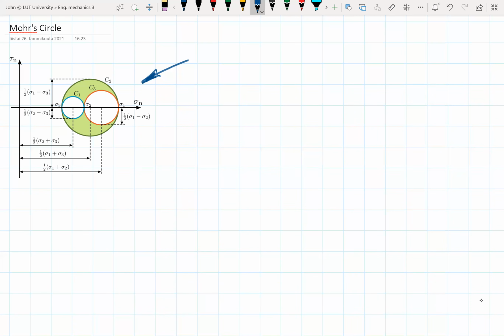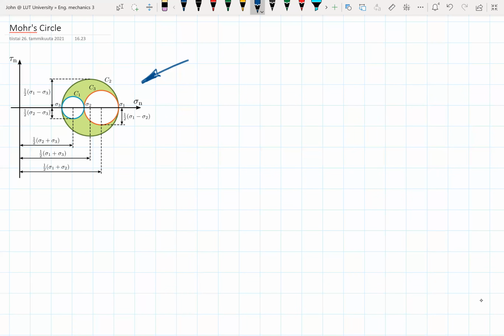You might know this, and if you feel okay with what I'm going to do now, then you can jump to the next video, where I present more in-depth information about the three-dimensional case for the Mohr circle. But let's start with the two-dimensional case, and let's try deriving the principal stresses for it. We already did it for the three-dimensional case, but this is going to allow us to build the circle itself.